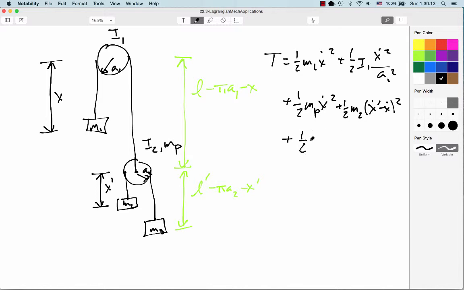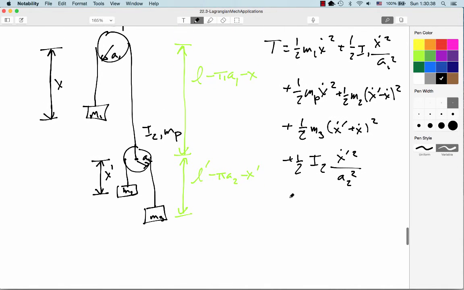So plus 1/2 m3 x prime dot plus x dot squared. And then we got to spin that pulley. So we pick up a plus 1/2 I2 x prime dot squared over A2 squared.